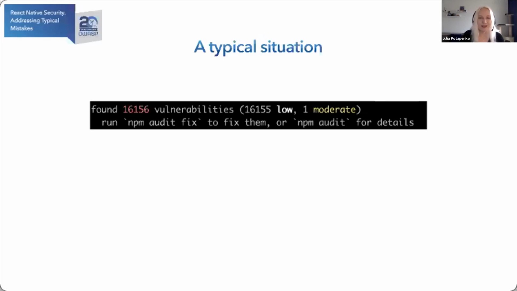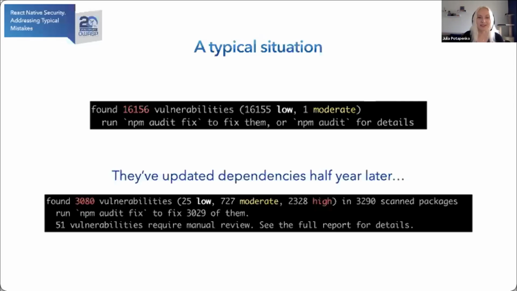And sometime later, they updated their dependencies, and we received that. Well, this is after the update, and I'm not sure what is better, to have 16,000 low vulnerabilities or 2,000 high. Well, so the next recommendation is just to remove these vulnerabilities with unfixable high issues.